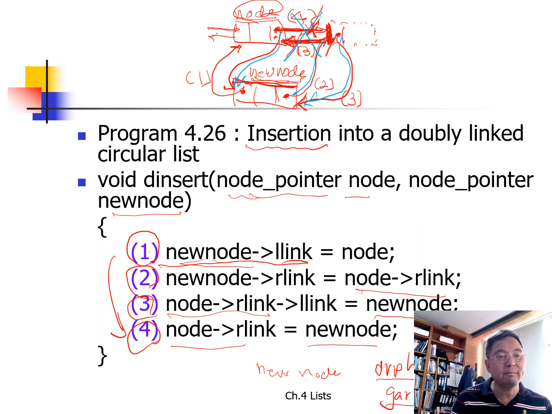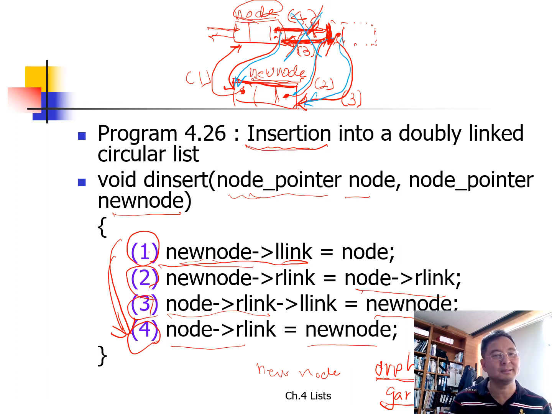So that means the orphan or garbage means that there is no way to access that node in the linked list. Okay, so in order to prevent orphan node or garbage node, you must keep these orders, this sequence in the insertion operation of doubly linked list.